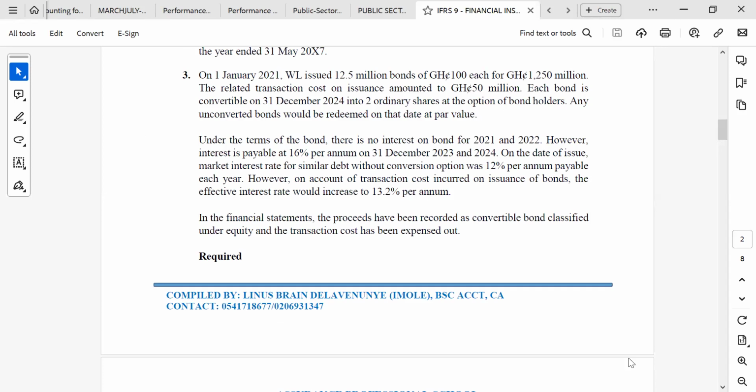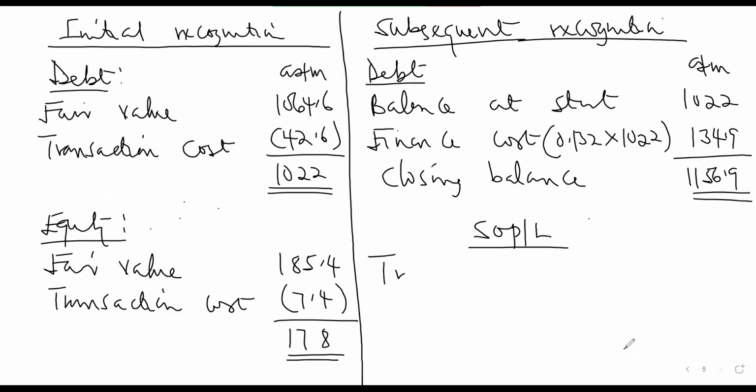So it means that the transaction cost should not be expensed. So what we do is that you have to reverse that particular one. Transaction cost of 50 million should be reversed.